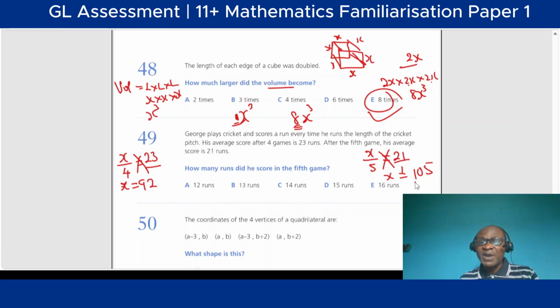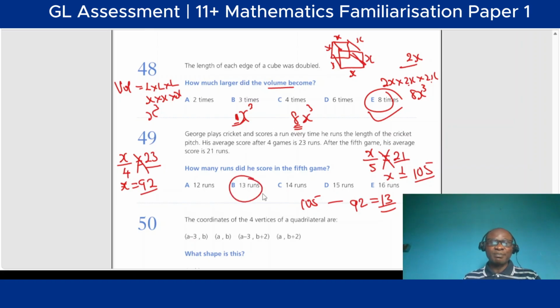Since when it is 5 games the total is 105, and when it was 4 games the total is 92, we do 105 subtract 92, which is going to give us 13. Which means in the fifth game, he scored 13 runs. And 13 is option B, correct.